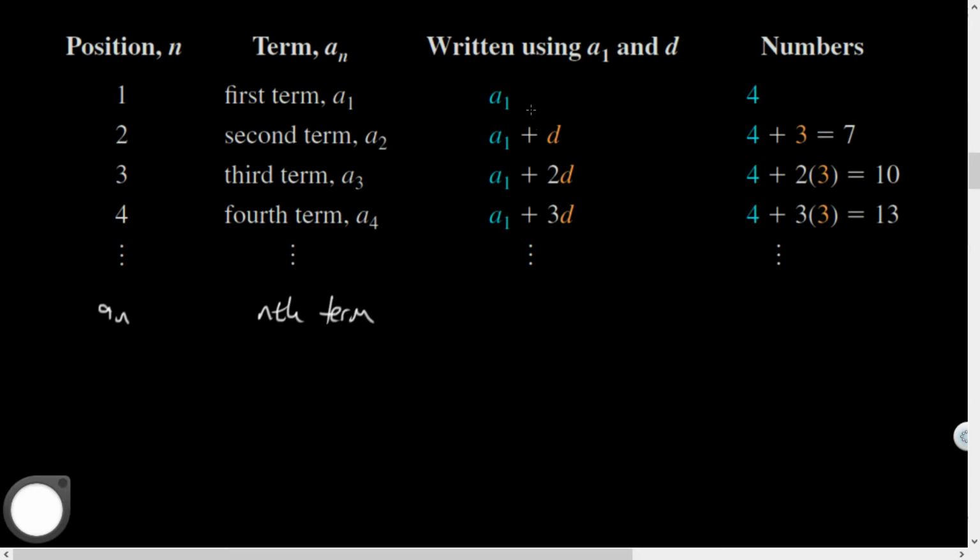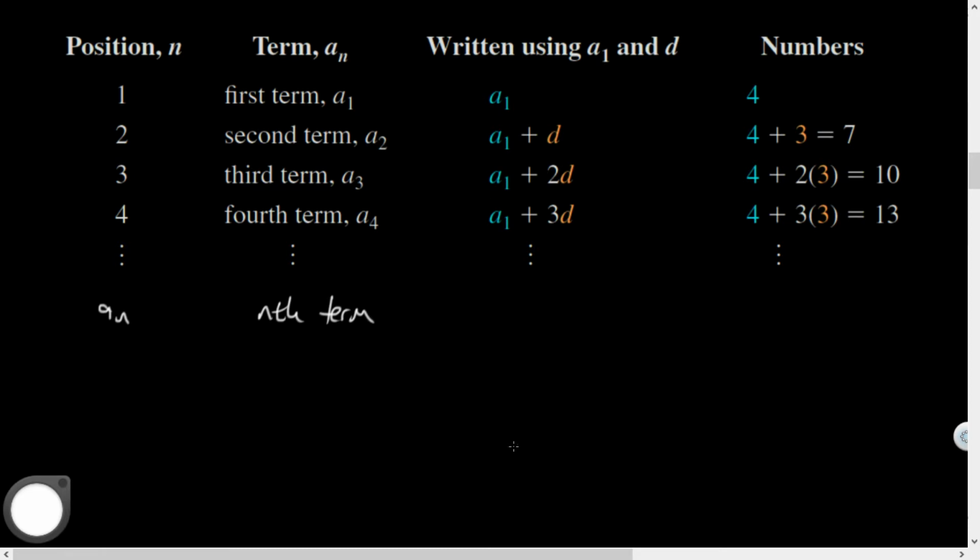Now, what do you notice here? So they're saying that the first term is a sub 1. The second term would be a sub 1 plus the common difference. The third term would be a sub 1 plus 2 of the common differences. This part right here is where it all rests on.